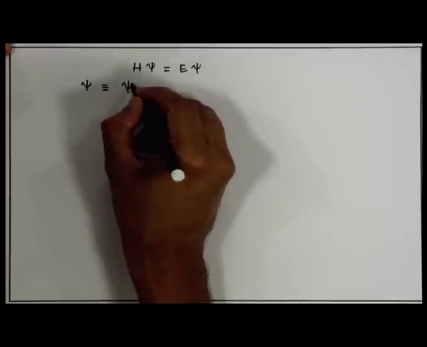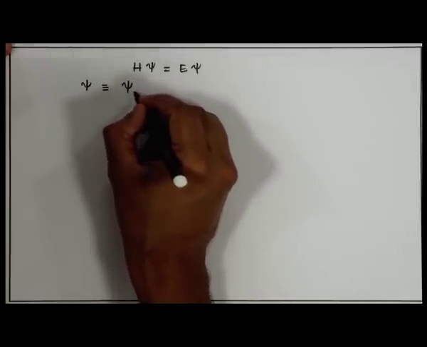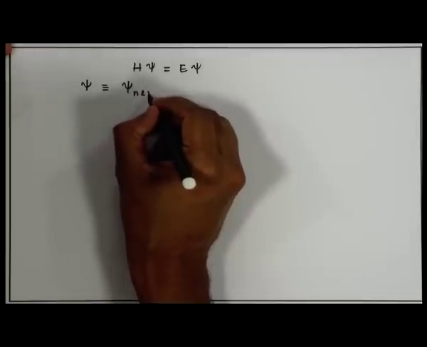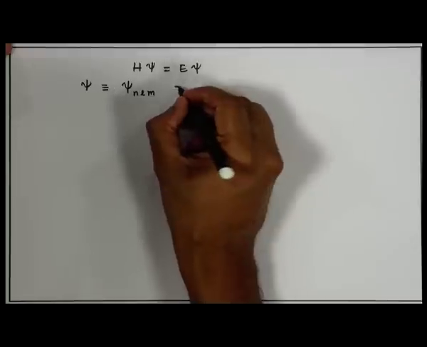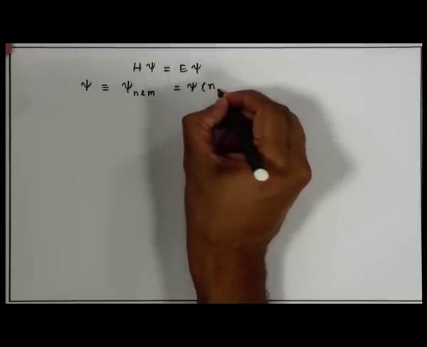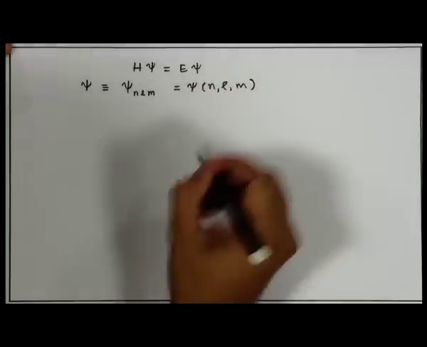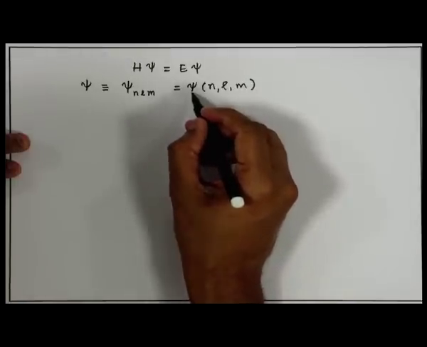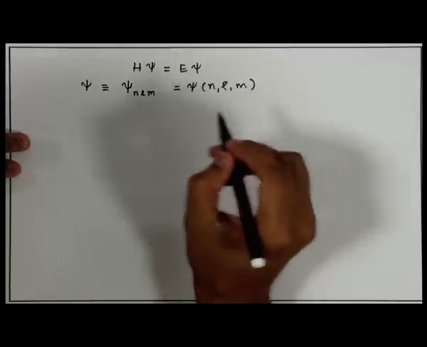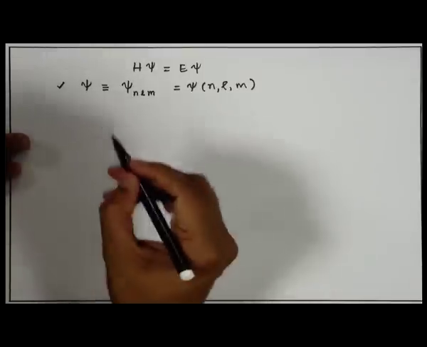So, the wave function is a function of n, l, m. These three quantum numbers are there in this wave function. This simply means the wave function depends on n, l and m. So, if you have different n, l or m, you will have a different form of the wave function. We got to know this.